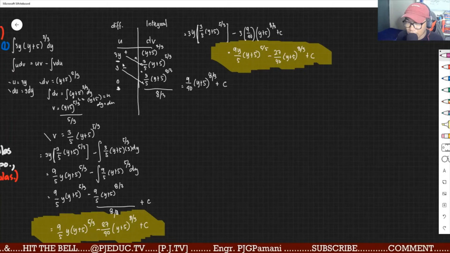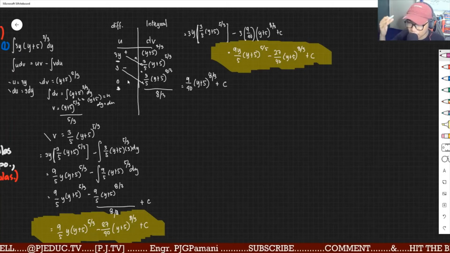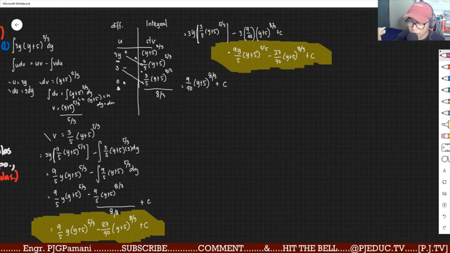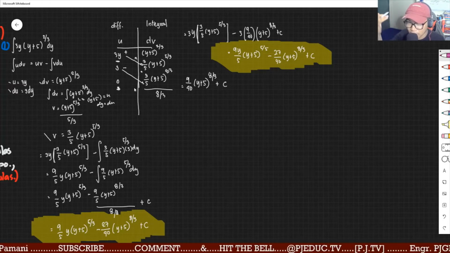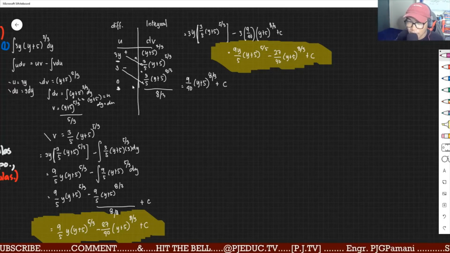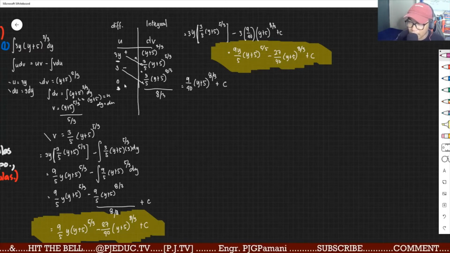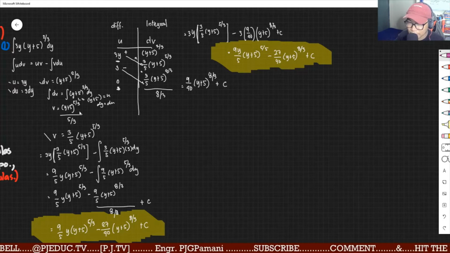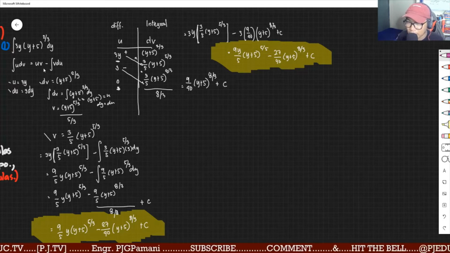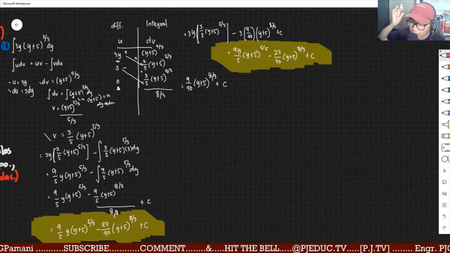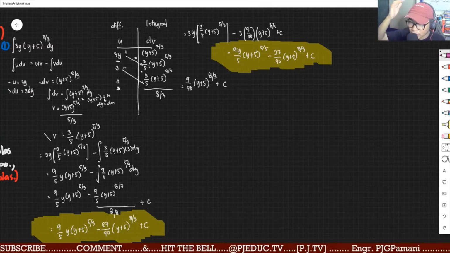If your problem is only like this, two or three rows only for the integration and differentiation process, it's still okay. But if it's already longer, as much as possible, use the other one. Then use transformation, your power formula, your inverse trigonometric rule, and so forth.